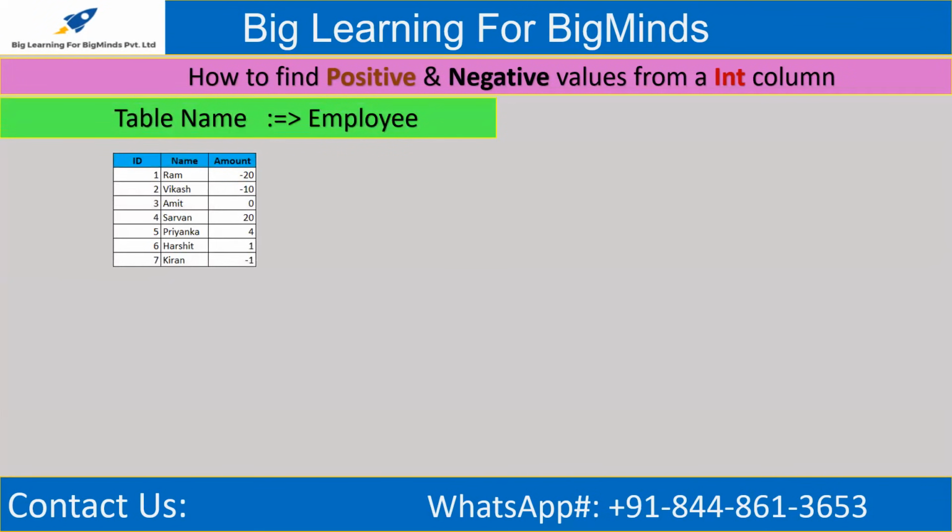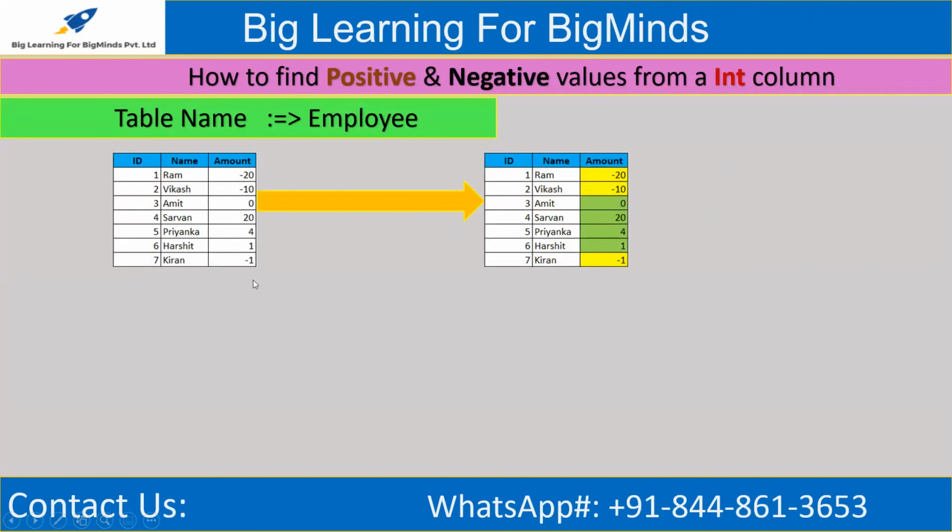This is the employee table and we have 3 columns, and the third column in this table is the amount column, right? Here we have highlighted the values of amount in 2 colors, green and yellow. The green values are the positive values and the yellow ones are the negative values.